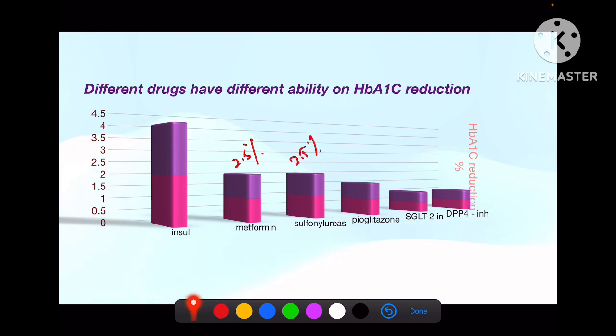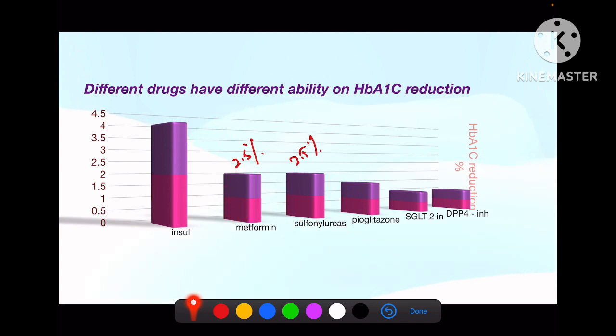Why I'm saying this is that our GPs, when they diagnose DM, would like to start a sulfonylurea rather than start metformin. Lots of GPs think that for reducing HbA1c and controlling blood sugar, sulfonylurea is superior to metformin. It's not like that.